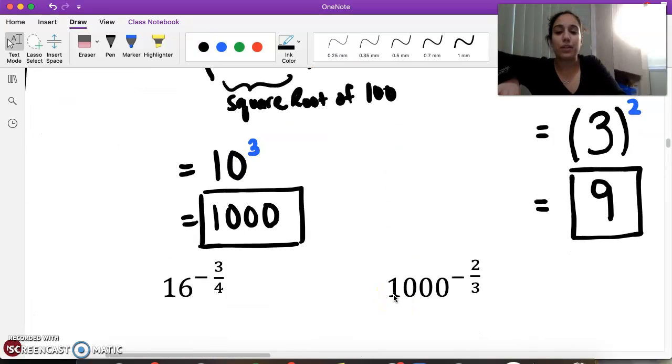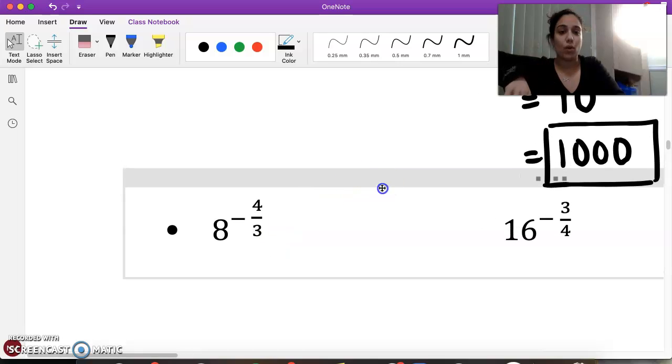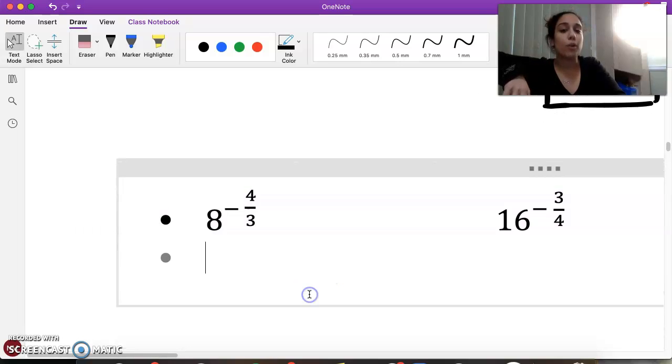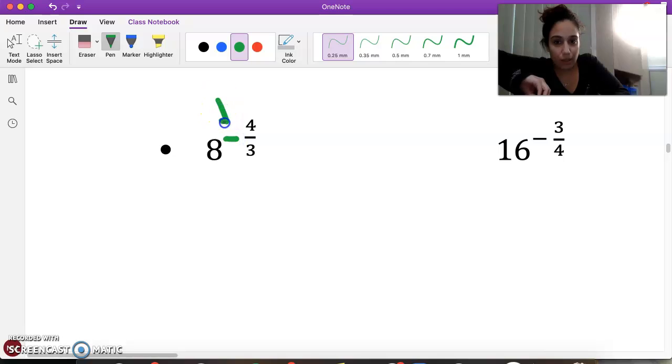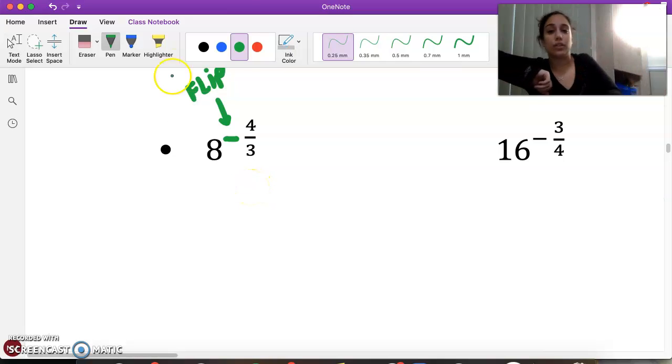Let's talk about what happens when there's a flip, or when does a flip happen. Well, we have 8 to the negative 4/3 here. So we spoke about in class how negative exponents mean that you flip. And we're going to talk about when we flip, but we're not going to flip right away. First, we are still going to do root, power, flip. So root first, same thing.